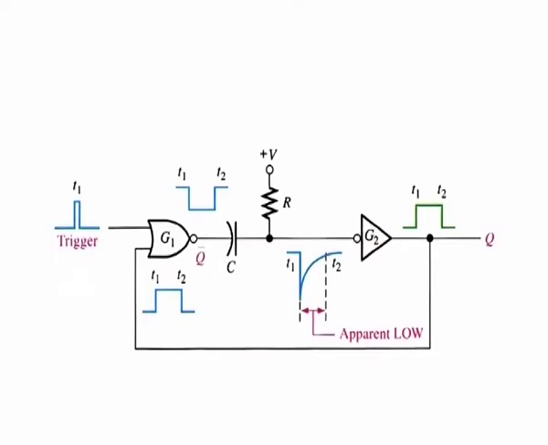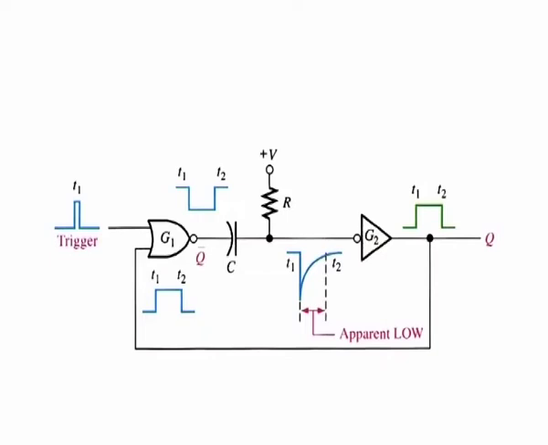This high to low transition is coupled through the capacitor to the input of inverter G2. The apparent low on G2 makes its output go high. The high is connected back into G1, keeping its output low. Up to this point, the trigger pulse has caused the output of the one-shot, Q, to go high.